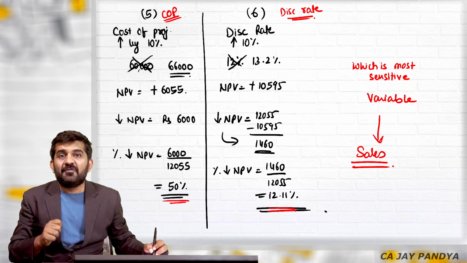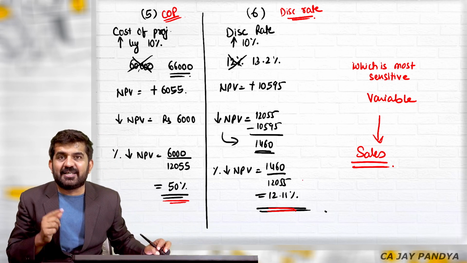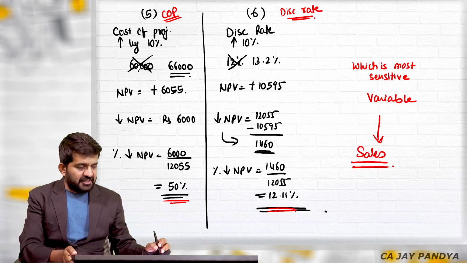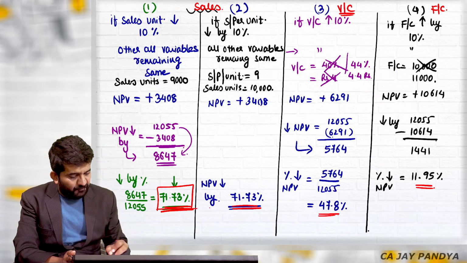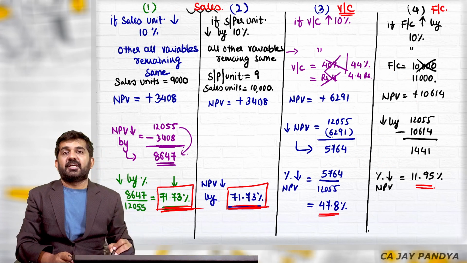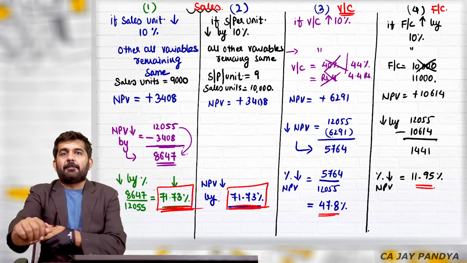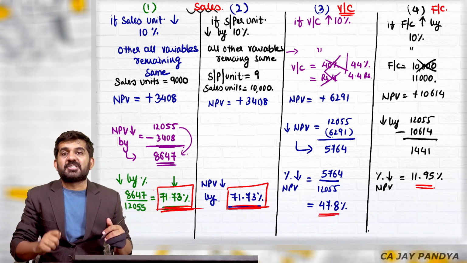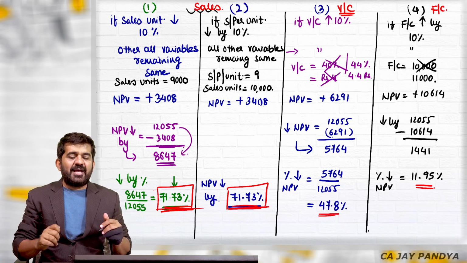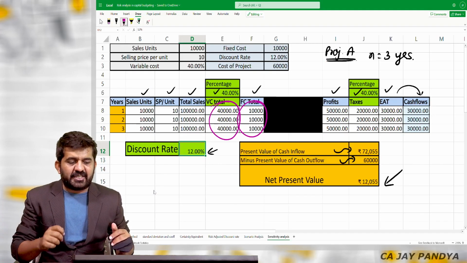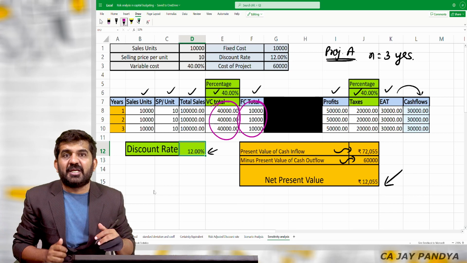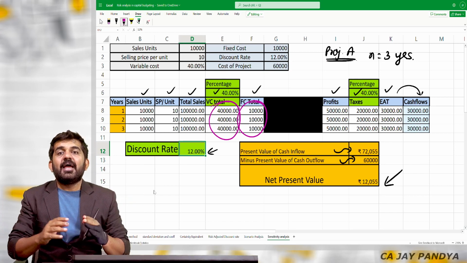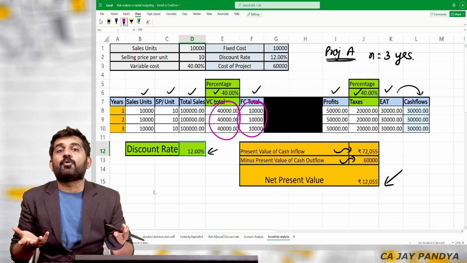Why? If the sales or selling price decreases by 10%, NPV will decrease by 71.73%. The bank is giving, say, a big amount of loan. The bank will hire an economist who will survey the market on whether 10,000 units can be sold or not by this company, and whether they will be able to sell at 10 rupees or not.